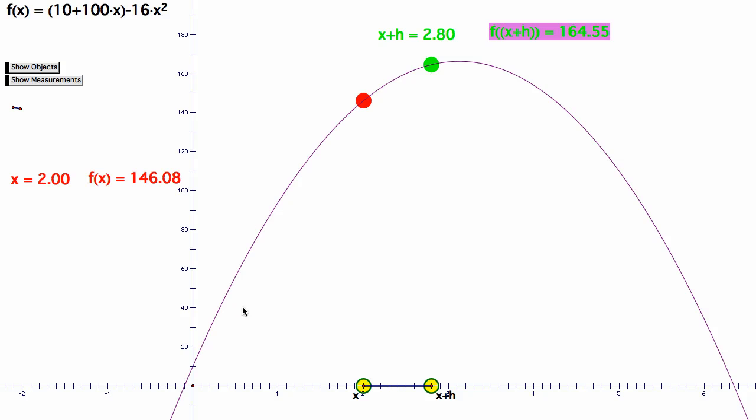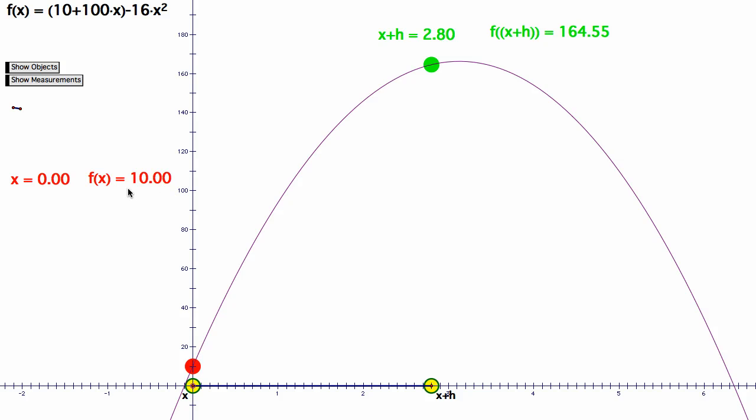Okay, so here we go. If you look down here at the y-intercept, you'll notice that it starts off at 10. In fact, if I move this yellow ball to 0, this represents time equals 0, and you can see that when time is 0, the height of my initial object is 10.